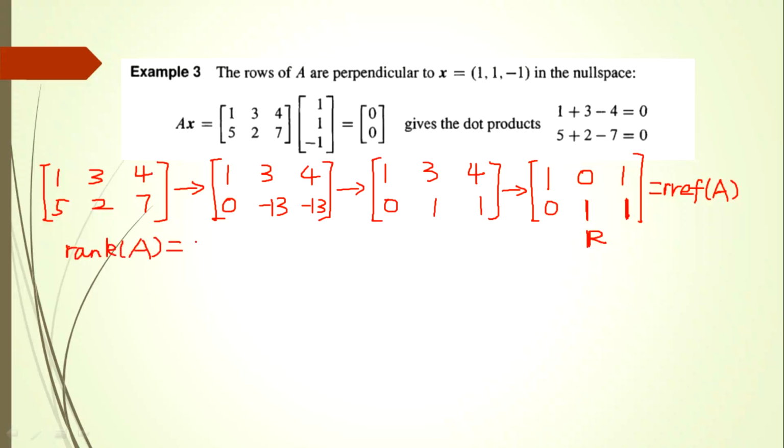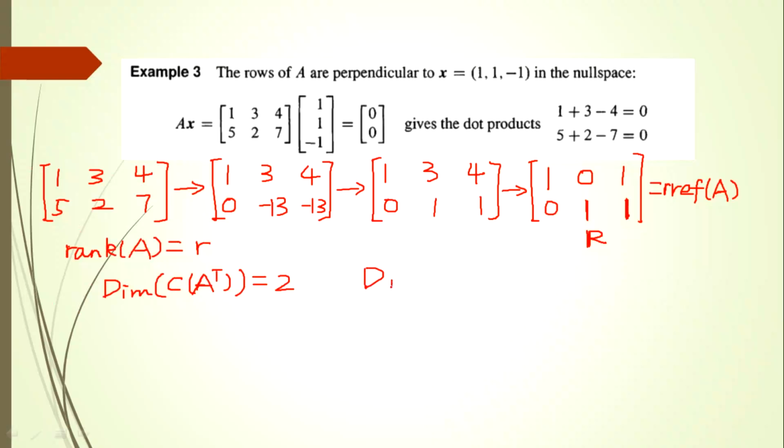The rank is 2. Then the dimension of the row space will equal the rank, 2.